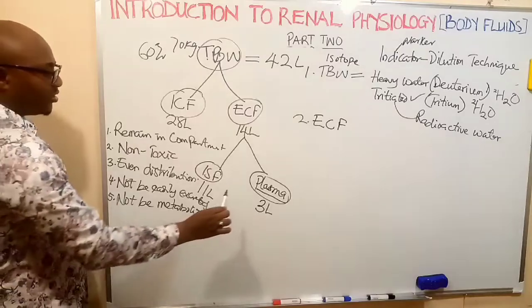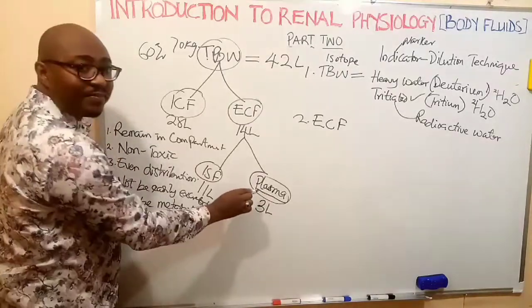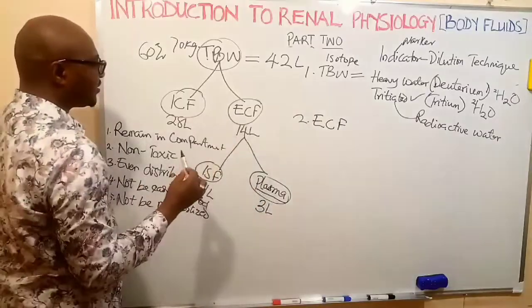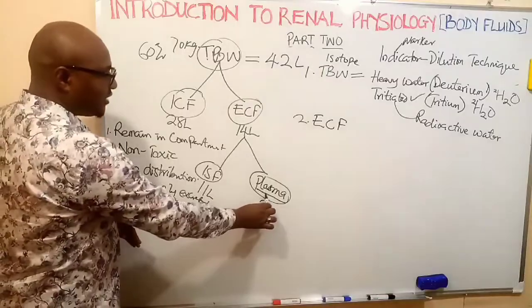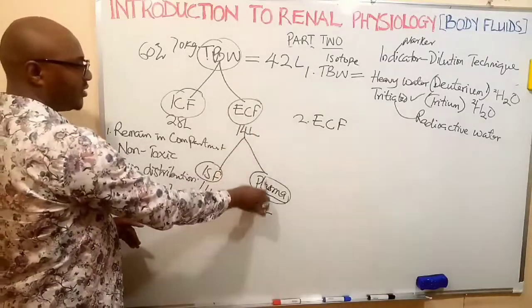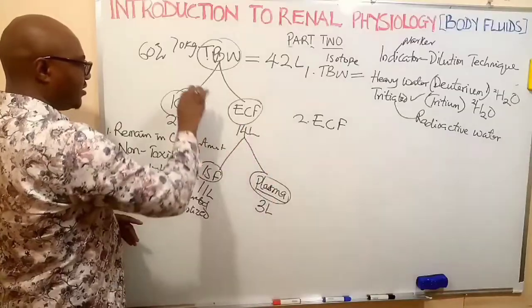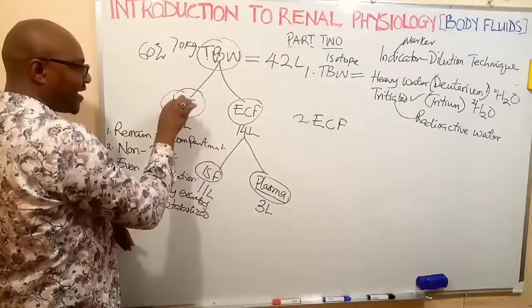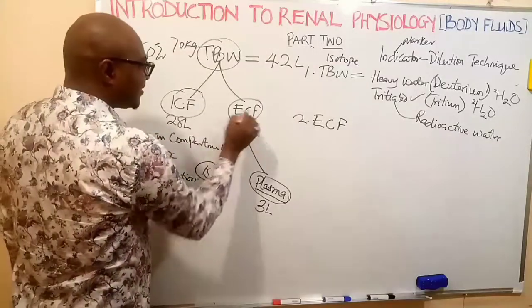So we cannot introduce it through the plasma, and this is the only place you can introduce a substance. So that means it's impossible. Because if you introduce it here, it has already entered another compartment. It will have to go through like this and enter interstitial, enter here. So it's impossible.